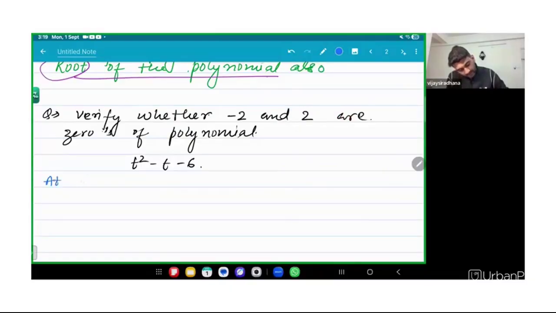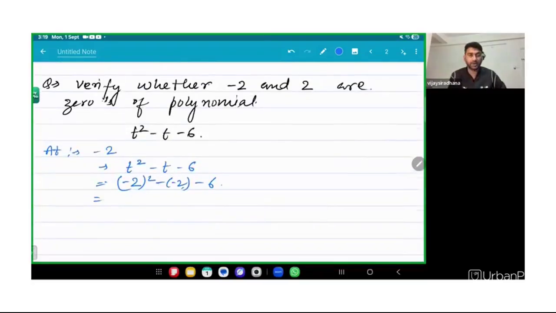At -2, what are we going to do? The polynomial is t square minus t minus 6. So what are we getting? -2 square minus of -2, and then minus 6. So -2 square is 4, and minus of -2 is plus 2, because minus into minus is plus, and then minus 6.